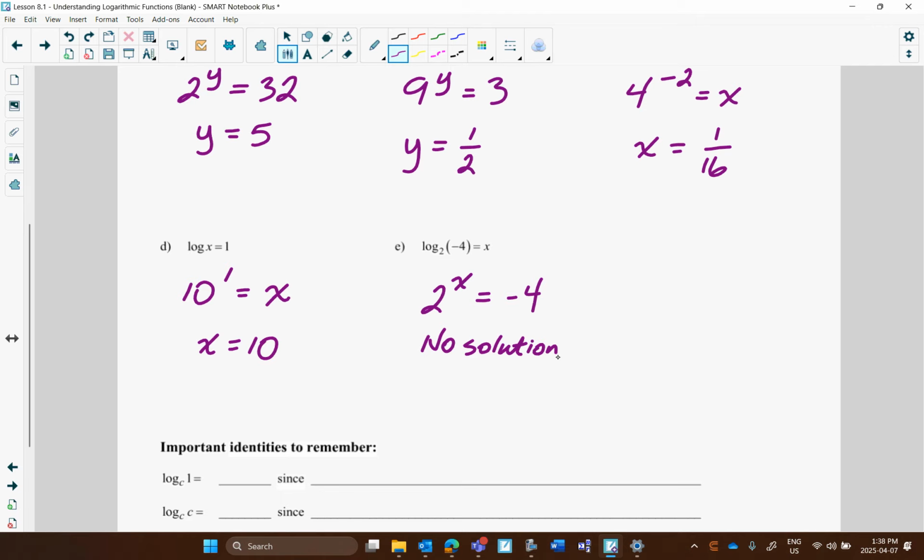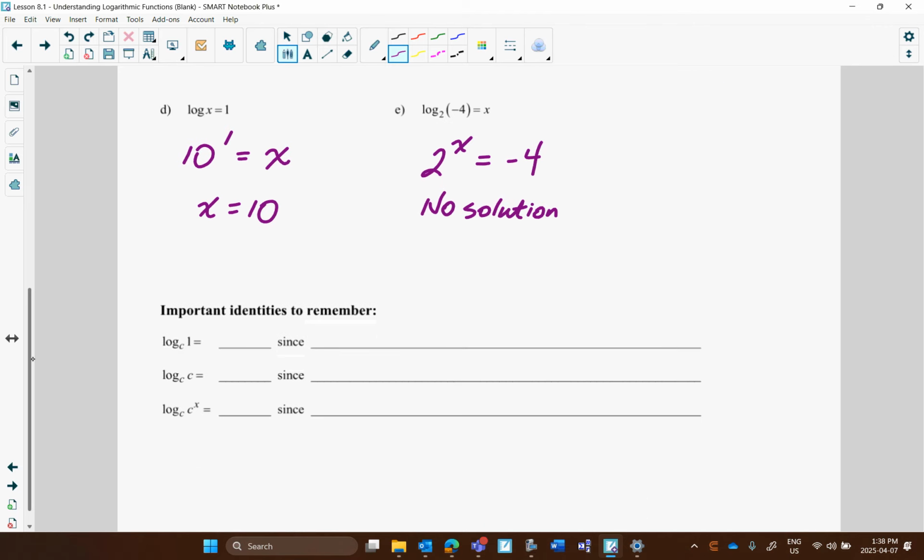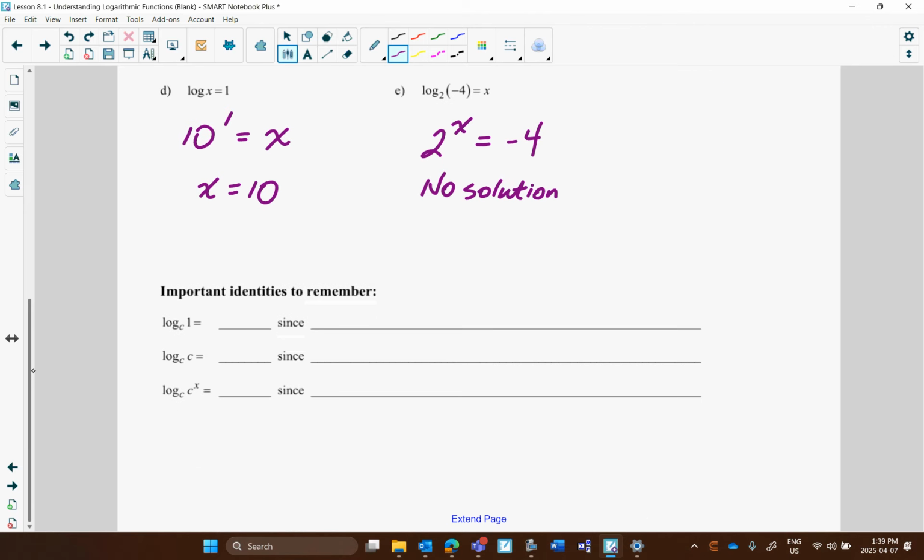A couple of ones that you can get very quickly. Whenever you take, no matter what the base is, the log base of 1 is always 0.